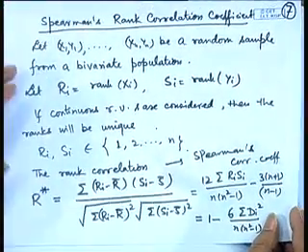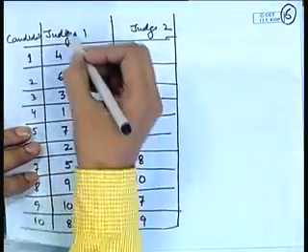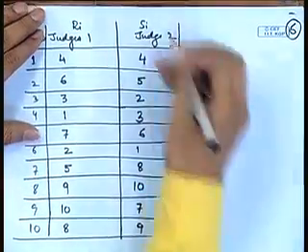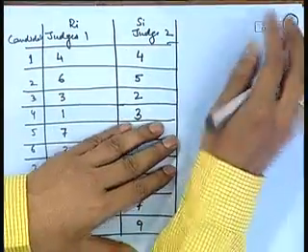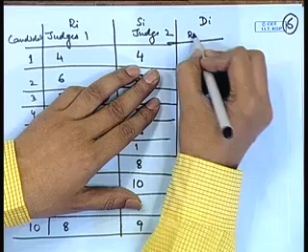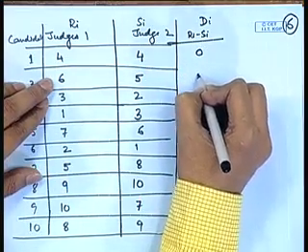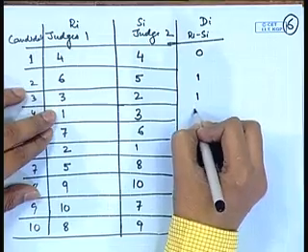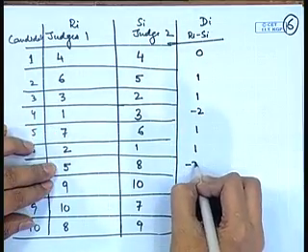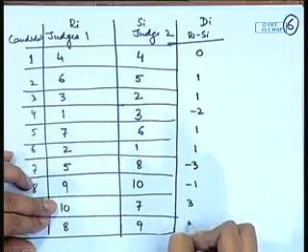So, as an example, let me calculate in this particular case. Here these can be considered as Ri, Si, and this can be considered as Di. So, let us calculate here Di's, that is Ri minus Si. So, this is 0, 1, minus 2, 1, minus 3, minus 1, 3 and 1.